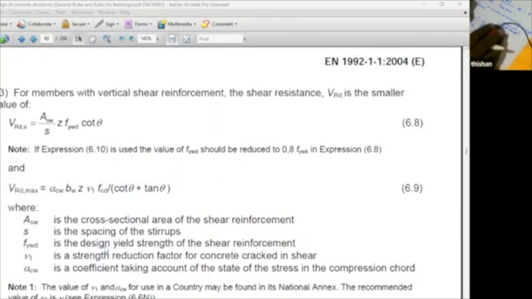So this is the maximum, and the design shear force is VED, that is 308, right? So we have two values, 308 and 535.